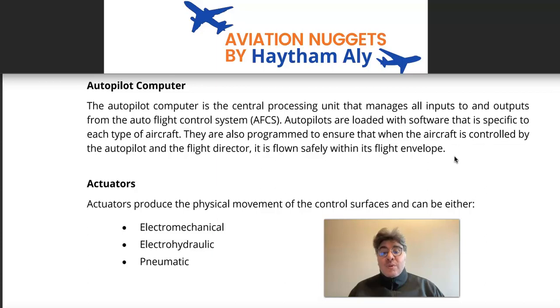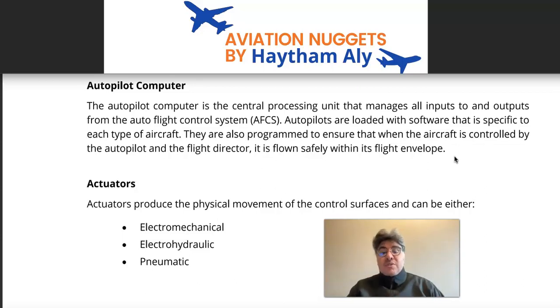So as I told you, the flight management guidance computer is the autopilot computer. It has a management part, a guidance part, and a flight envelope protection part. The management part does the calculation or manages the auto flight control system, lateral and vertical navigation guidance, and performance calculation.